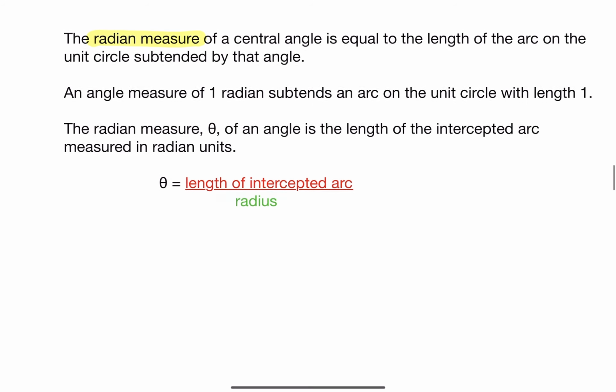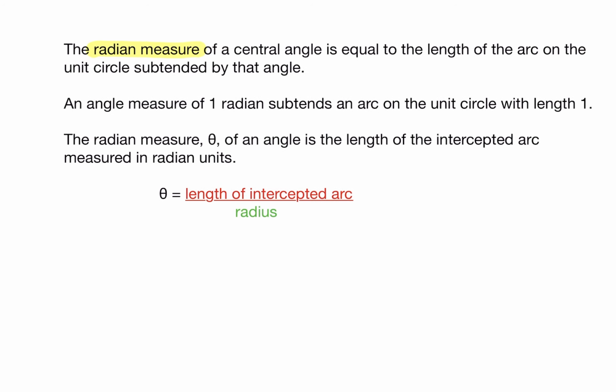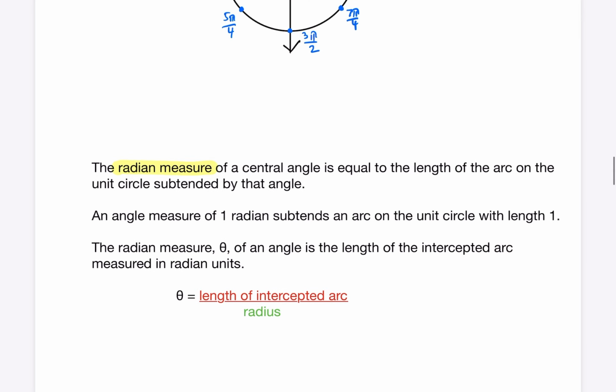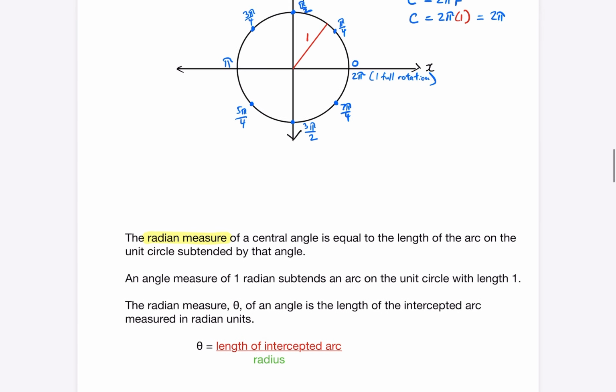So this is basically a statement explaining what I just said. So the radian measure of a central angle, let me go ahead and pull up the diagram so you can see what I'm talking about. So the radian measure of a central angle is equal to the length of the arc on the unit circle subtended by that angle.